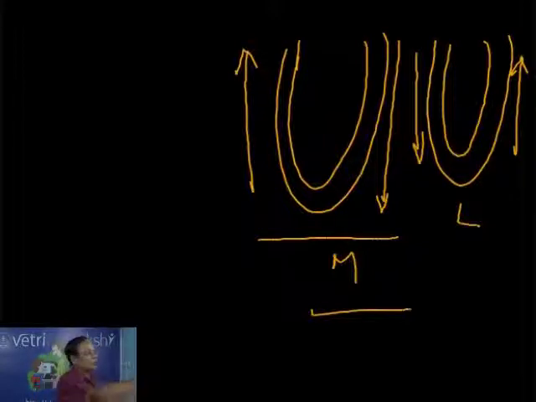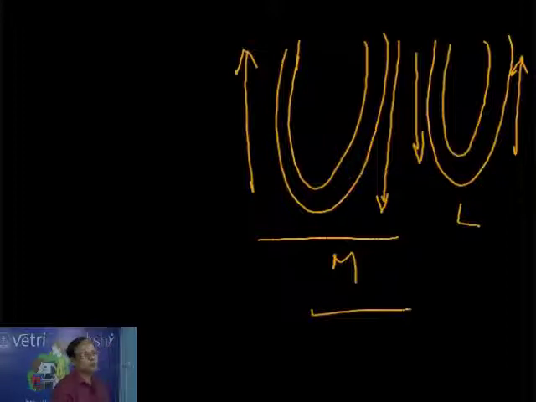Now this one is the vasa recta. It looks like a blood capillary. Here the flow of blood is in opposite directions. In the descending limb of the vasa recta, the blood flows towards the medulla, and in the ascending limb it moves towards the cortex. It is in parallel with the loop of Henle, where the filtrate moves down in the descending limb and up in the ascending limb.